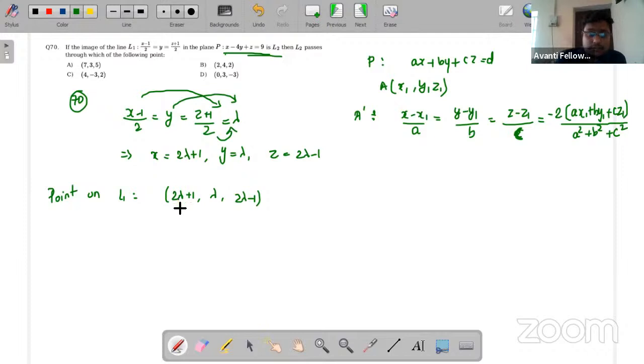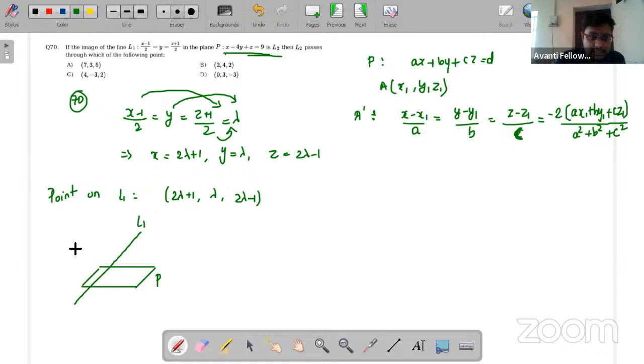Let's say this is my plane P, and this is some line, line L1. We have to find the image of this line in this plane.